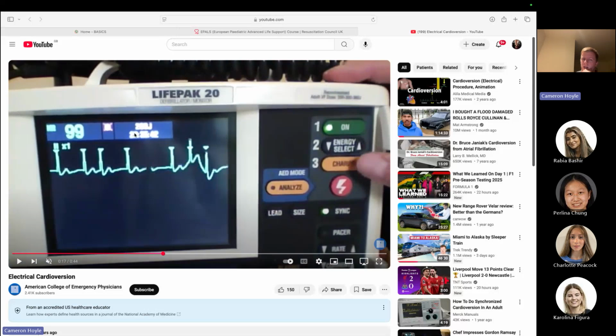So what you'll see on the defibrillators is you'll see this sync button. If you're doing DC cardioversion for a tachyarrhythmia, i.e. not a cardiac arrest, you need to ensure that the patient is synced. So this means that you can see the little triangles on top of the QRS complex.